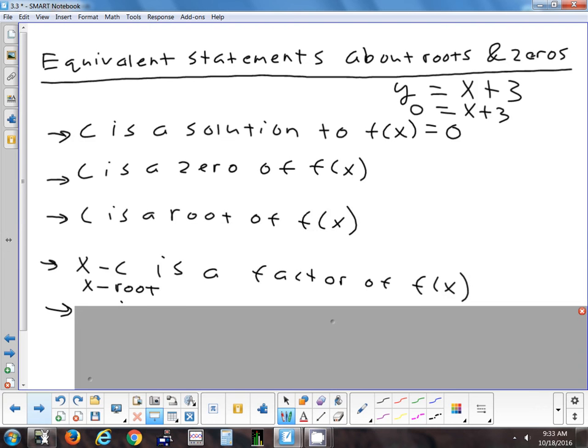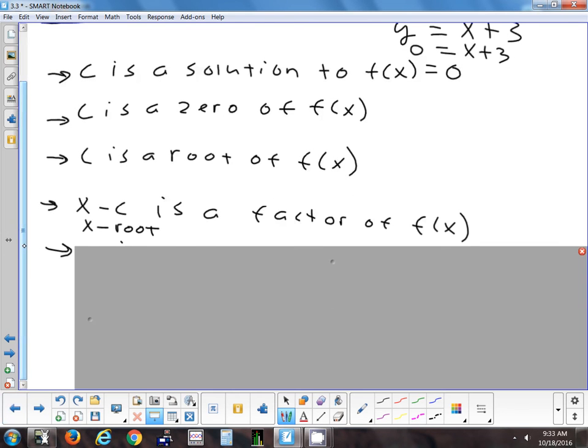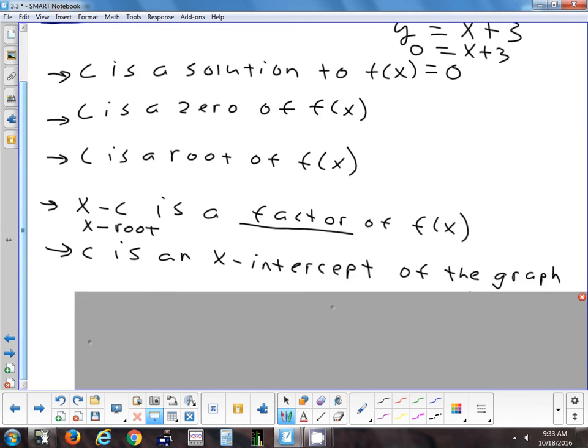And the reason that one's important is because that's going to help us to do the next problem, which is I'm going to give you 3 numbers that I want as roots, and you're going to have to tell me what the problem would be. If we know these 3 numbers are roots, we can very easily figure out the factors, as long as they give us the roots.